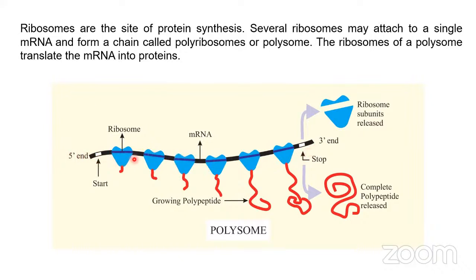On the single mRNA, these blue colored structures, which are the ribosomes, are present. So many ribosomes are present on the single mRNA, leading to the formation of a structure known as the polyribosome, or in short, polysome. The ribosomes of a polysome translate the mRNA into proteins, leading to multiple protein formation at the same time.